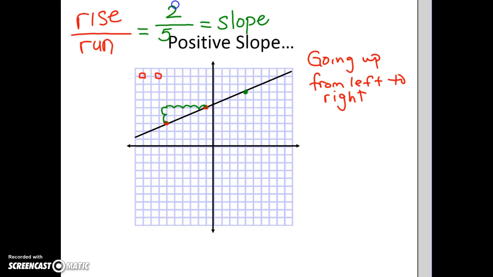So from this point, I go up 2 and 1, 2, 3, 4, 5. On a line, I will get the same slope from any 2 points on the line. So this slope is 2 over 5.